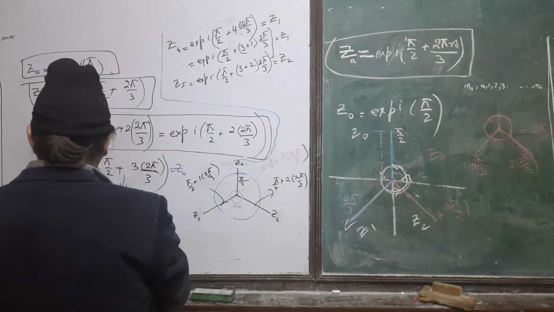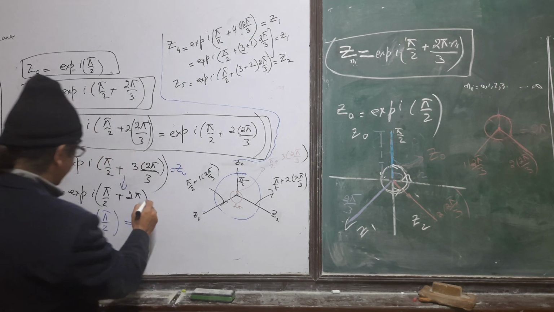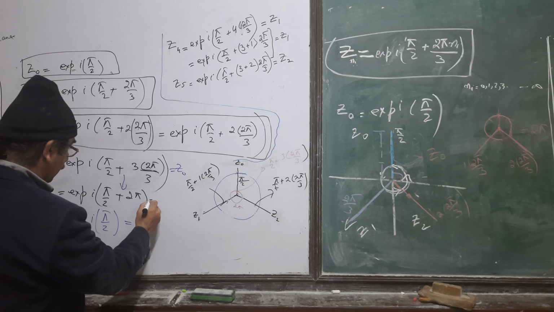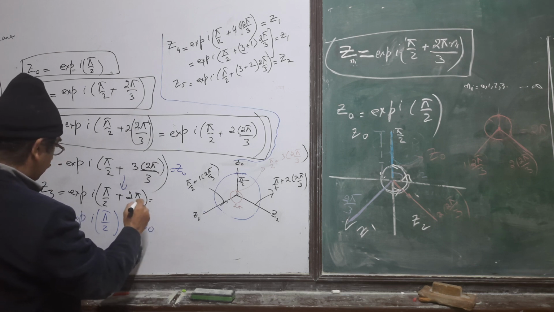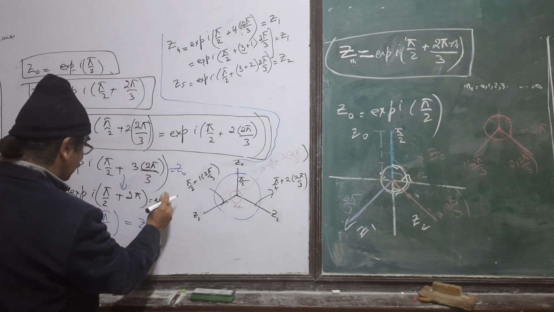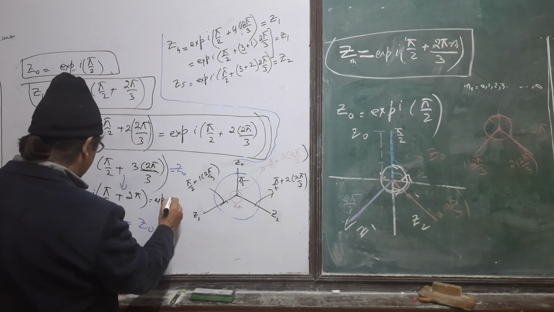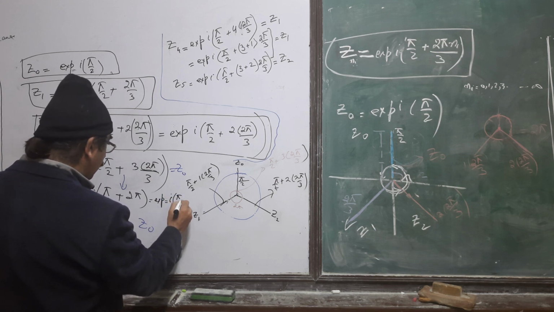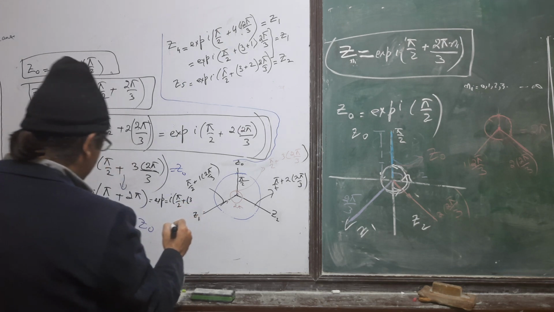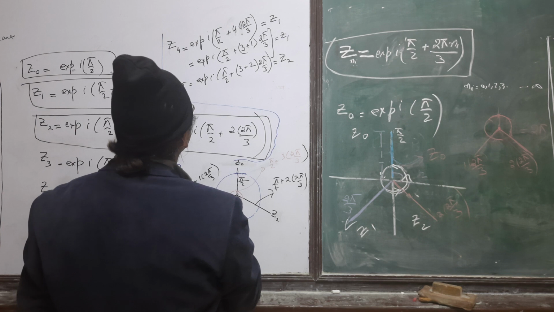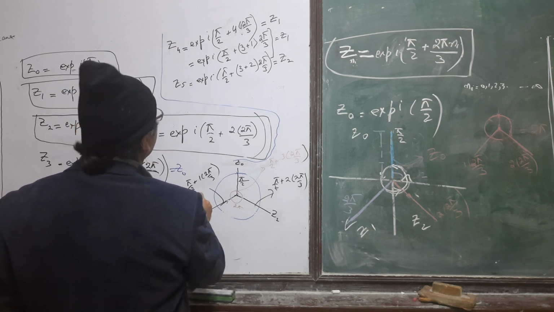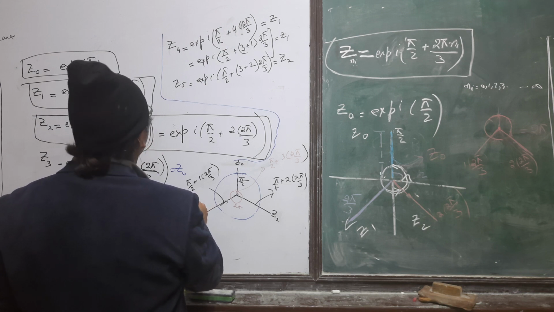So this may also be written in the form of exponential of iota pi by 2 plus 4.